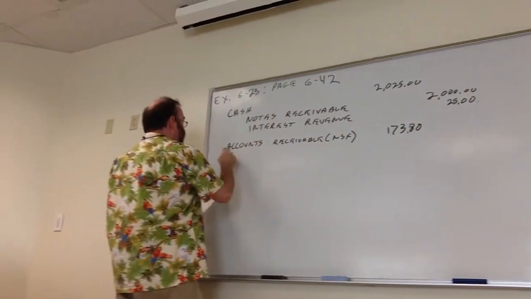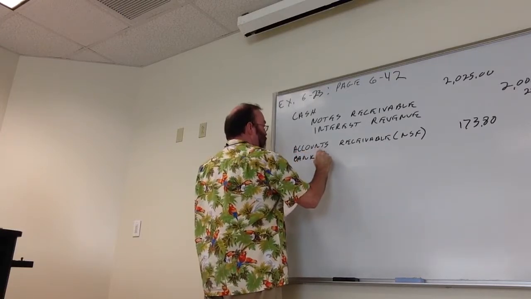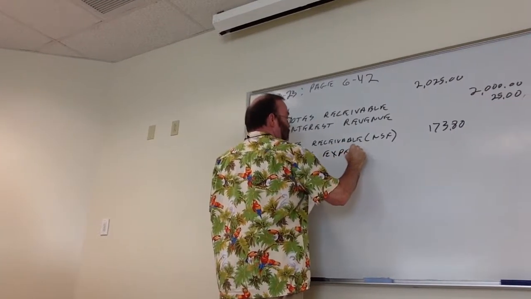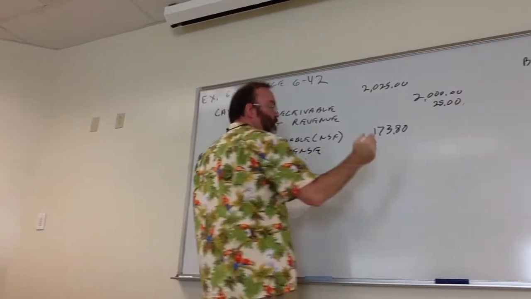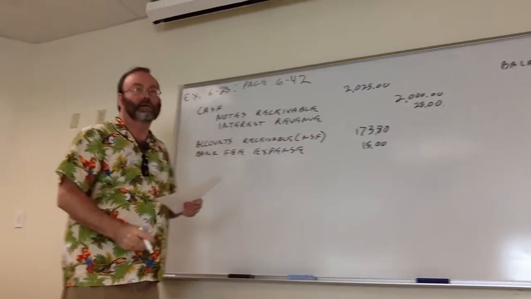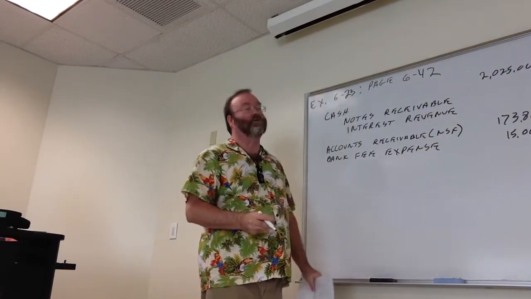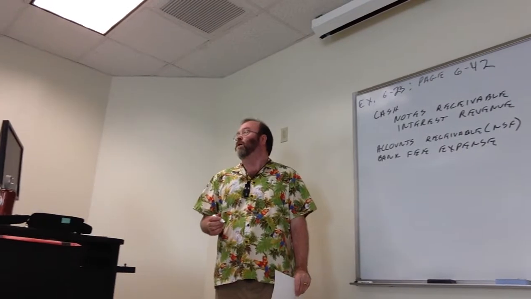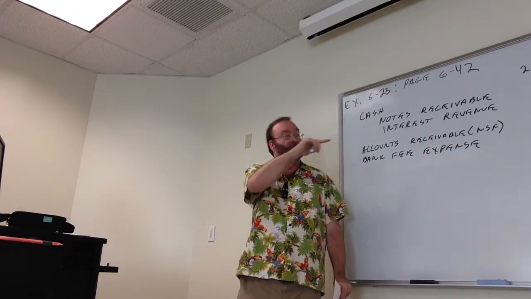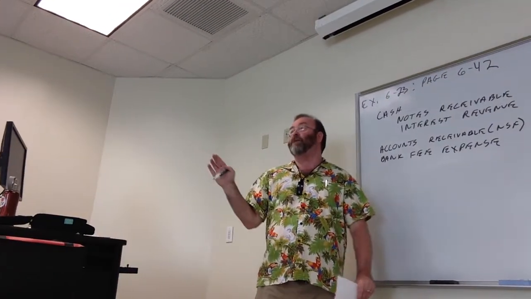The bank service fee, bank fee expense, or your book uses miscellaneous expense, but I like separating it out. And then the check that was incorrectly recorded. Well, when you recorded that check, you debited cash for the $194.50 and credited accounts receivable.